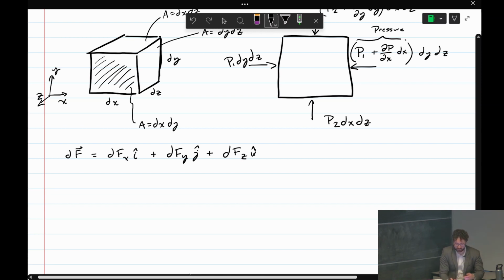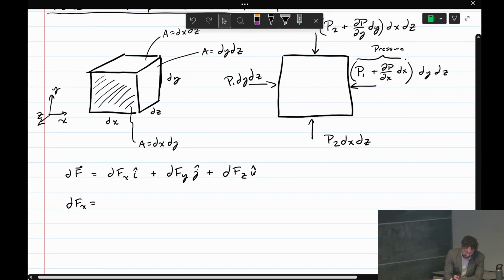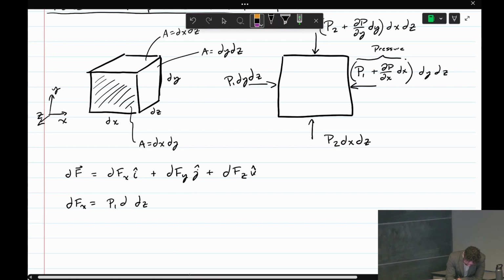We can compute this differential force vector now because we've computed the pressure forces on those faces of our cube. So dfx is just the sum of forces in the x direction on this cube, and I've drawn all the forces we have in the x direction on this diagram. That would be P1 dy dz.